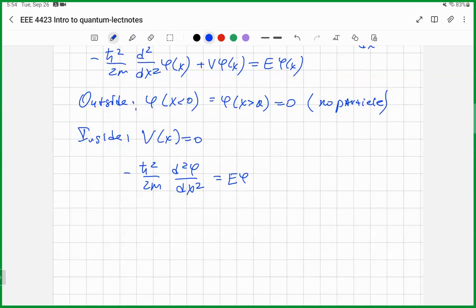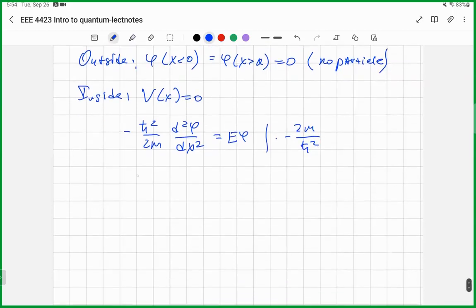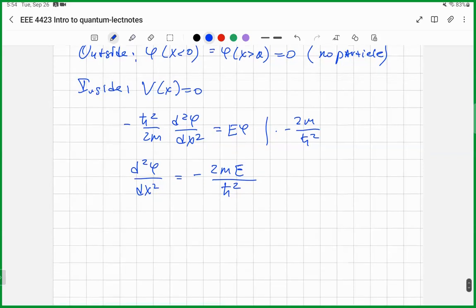Let me multiply both parts by minus 2m over h bar squared, and I'm going to get d2 phi over dx2 equal to minus 2mE over h bar squared times phi, of course.